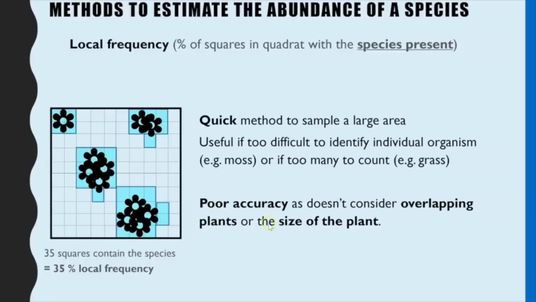The other reason is if the plant that you're counting is very, very big, and one individual might occupy almost the entire quadrat, that would give you a really high percentage local frequency, even though the population size might actually be very small. So it can be misleading depending on the size of the plant.